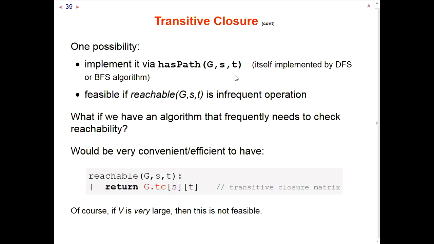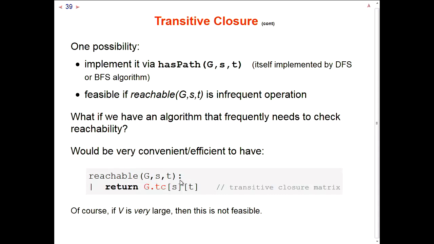Now this would work if you're interested in checking whether S and T are reachable only very infrequently. But if you have an algorithm that all the time has to check whether some T is reachable from S or not, then it might be a good idea to calculate that reachability once and for all for a given graph, and then use that array just to check.